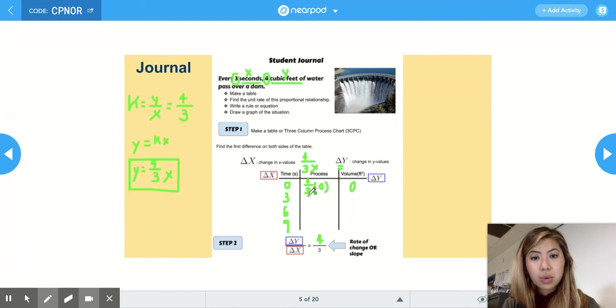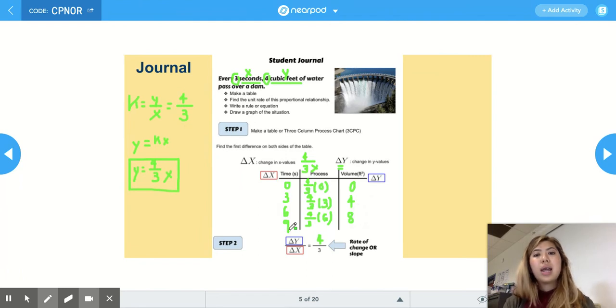When x is 3, we're multiplying 4/3 times 3, which makes 4. When x is 6, we're multiplying 4/3 times 6, which makes 8. And lastly, when x is 9, we're multiplying 4/3 times 9, and that's going to make 12.